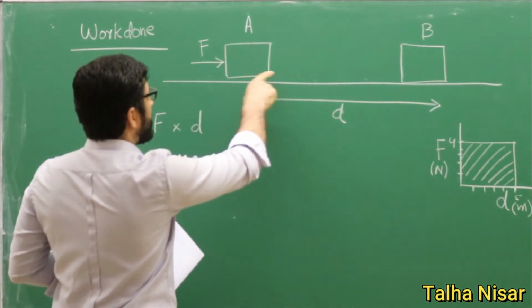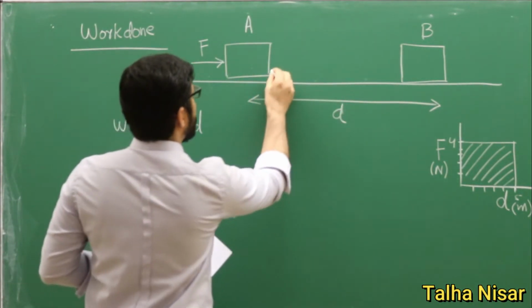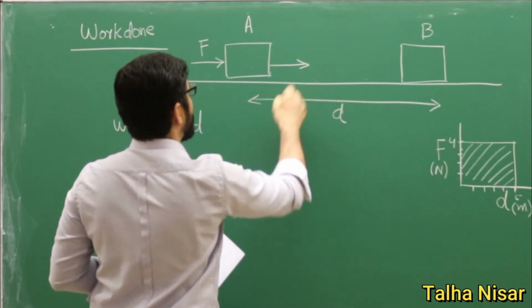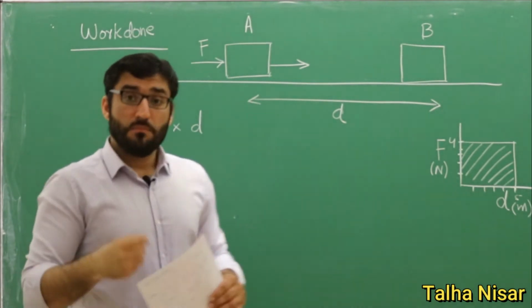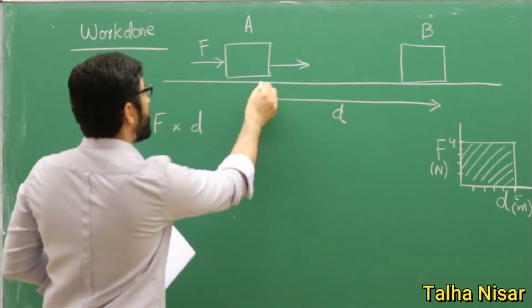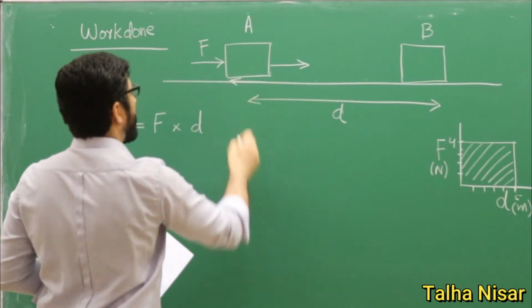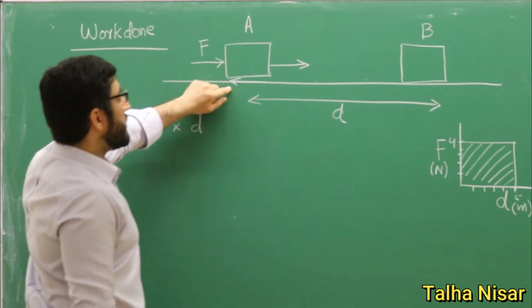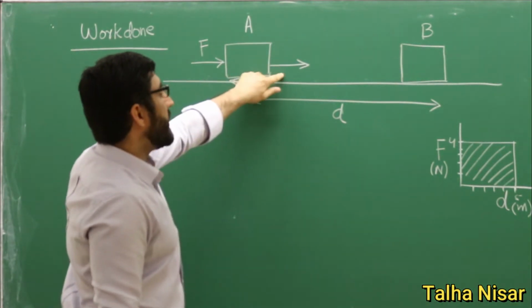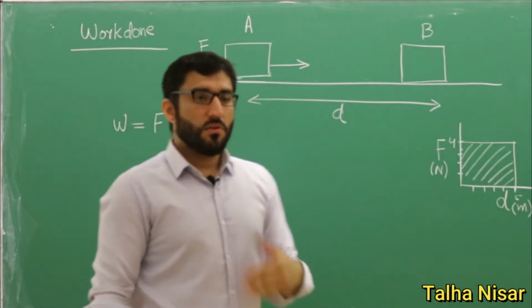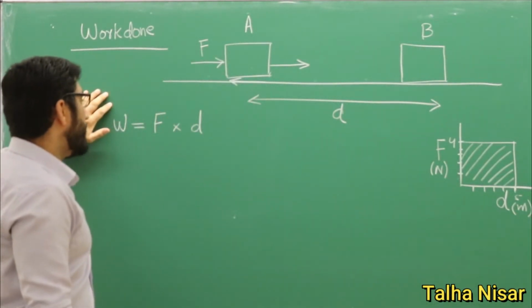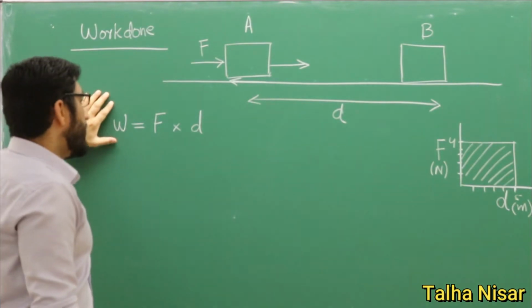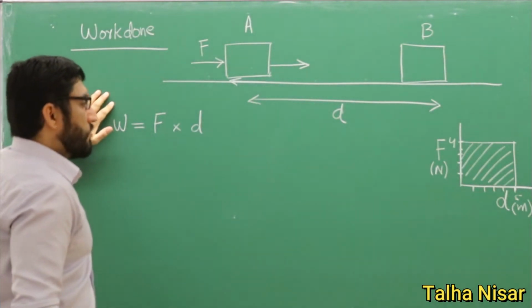If the object is moving in this direction, the displacement is in this direction, and the frictional force always opposes the motion, so it is in the opposite direction. So the work done due to frictional force is negative. Since work is a scalar quantity, it can be larger than 0, equal to 0, or smaller than 0, which is negative work done.